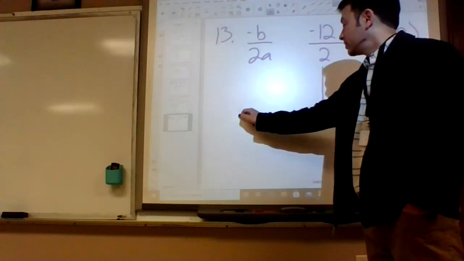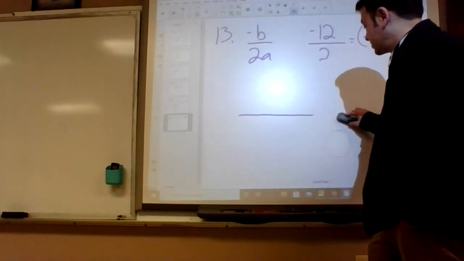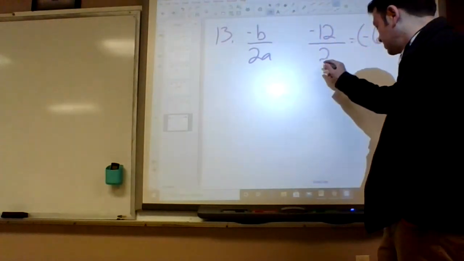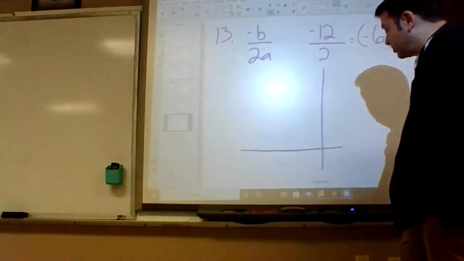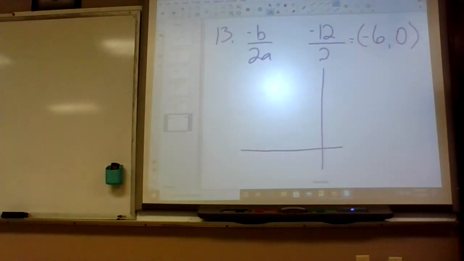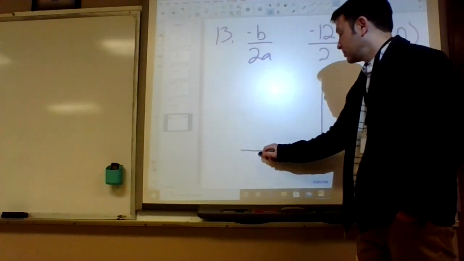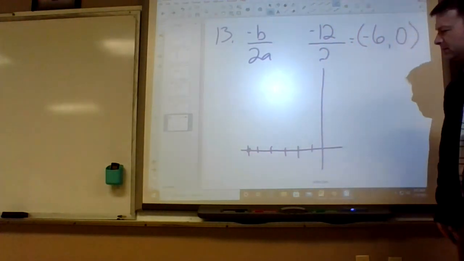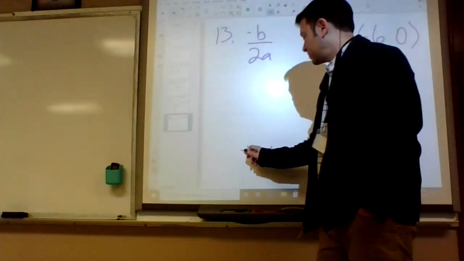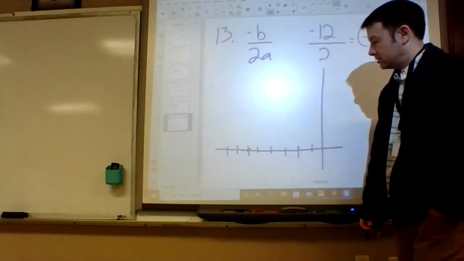So maybe draw it like this, starting left and going up. So all the action's going to be over here. So -6, 0, and actually I need to go farther, don't I? I gotta redo my whole graph now.